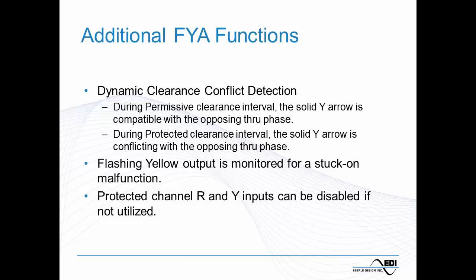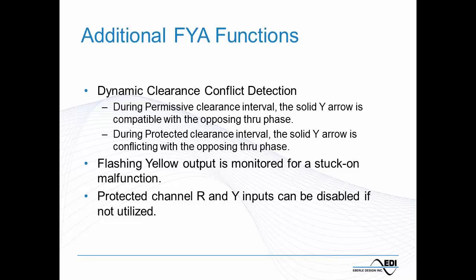So effectively, the MMU needs to insert or remove the soldered jumper for that solid yellow arrow channel based on the sequence of the signals. So we obviously can't do that in the hardware. The MMU software will provide that different permissive programming. So we call that dynamic clearance conflict detection.